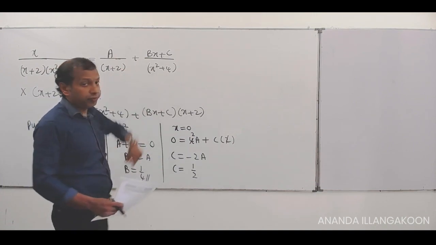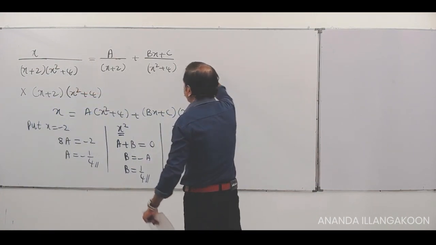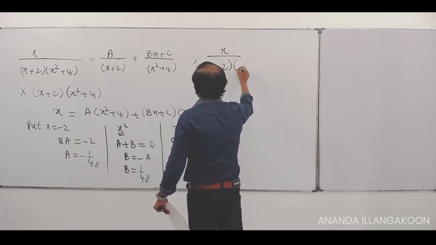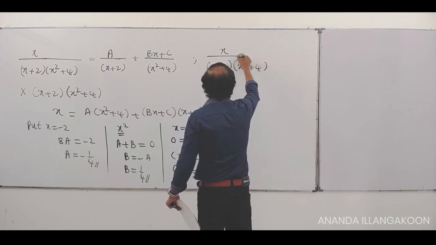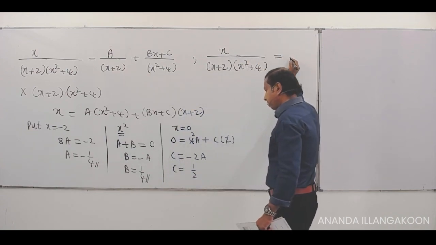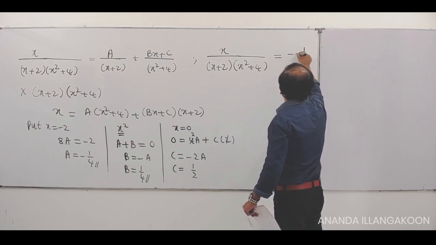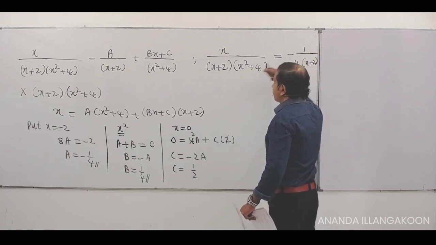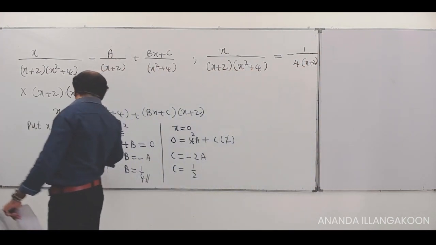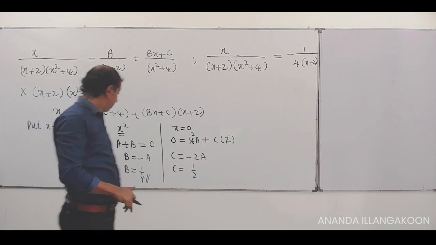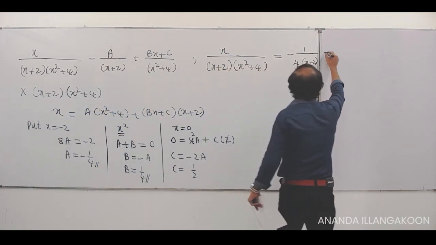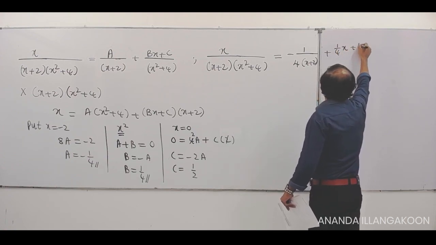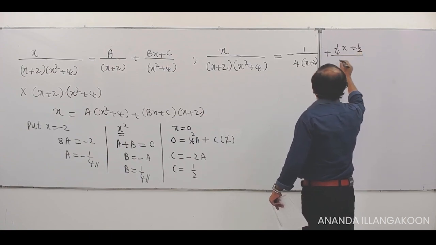Then we can substitute for a, b, c and write the partial fractions. Therefore, x over (x plus 2)(x squared plus 4) is equal to a, minus 1 upon 4, times (x plus 2). Substitute for a: minus 1 over 4. B is 1 over 4 x and c is half, divided by x squared plus 4.